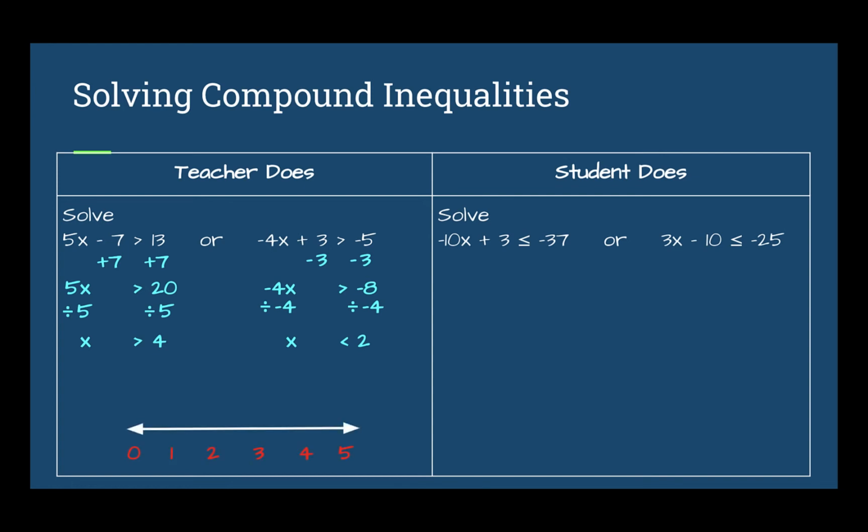So what this would look like on a graph, we would just graph them both on the same number line. So the first one says x is greater than 4. So I would put my first inequality, open circle at 4, and x must be greater, so it would go to the right. My other inequality is x is less than 2.